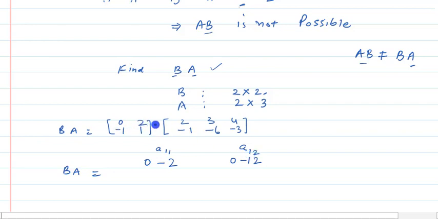Now again, keeping the row the same, let us take the third column, multiplying in the same way. 0 multiplied by 4 is 0, and 2 multiplied by minus 3 is minus 6. This is the element A13.